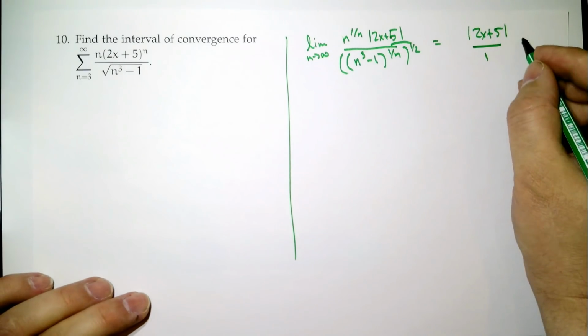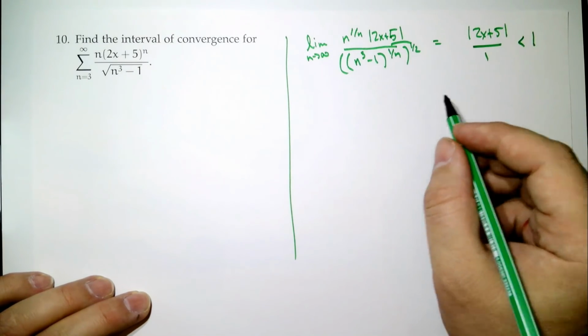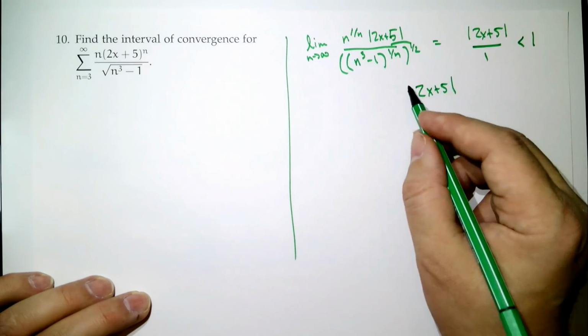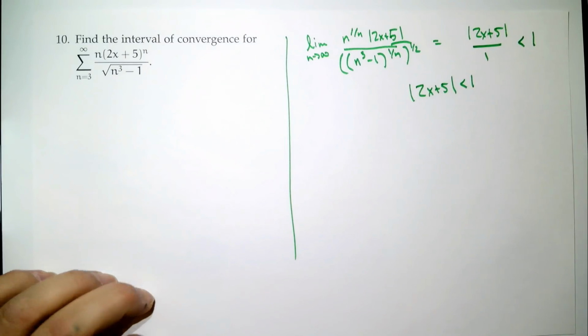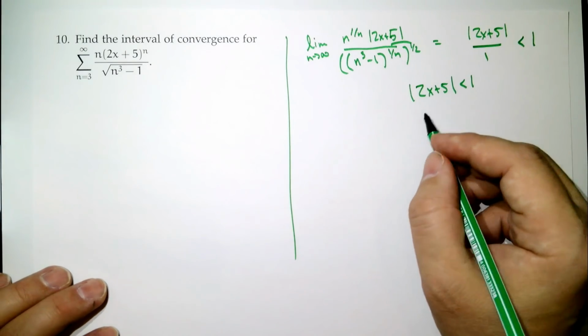Well, again, that needs to be less than 1. Where's my center of convergence? Given that absolute value of 2x plus 5 is less than 1, can we read that off yet? Yeah. It's a little bit subtle here because of the 2. We'll get more into that in the next problem, I suspect.